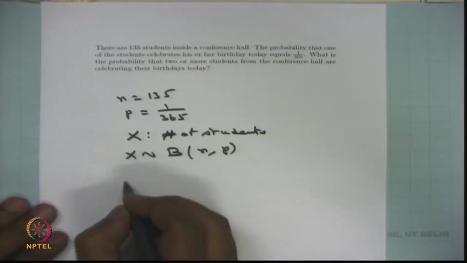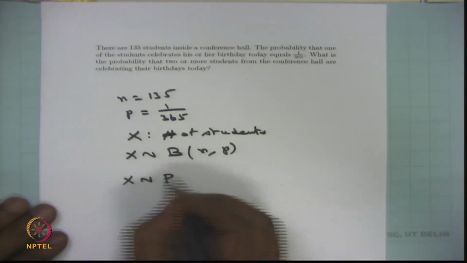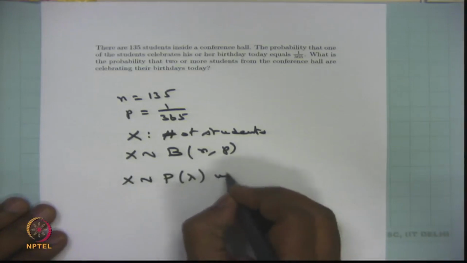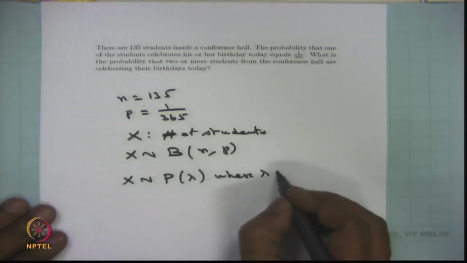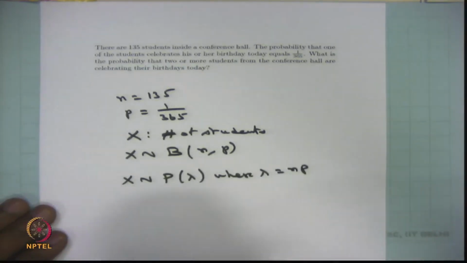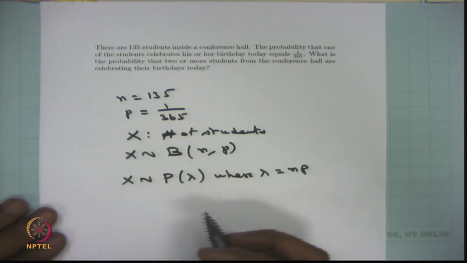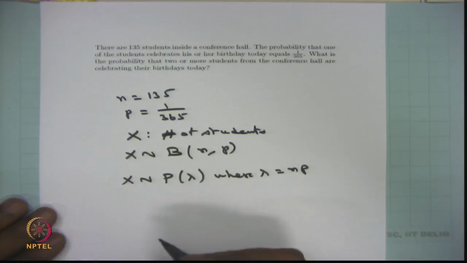That is, X follows a Poisson distribution with the parameter lambda. Now the question is, what is lambda? Lambda is n times p. That means you multiply 135 with 1 divided by 365, and that is going to be the lambda value.